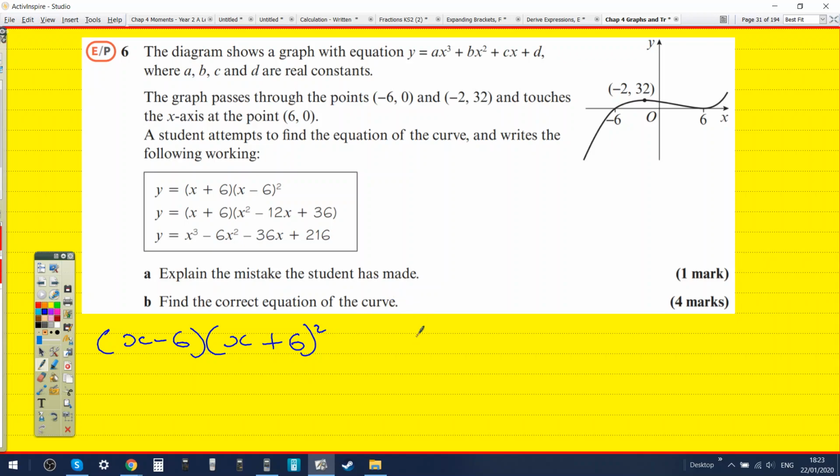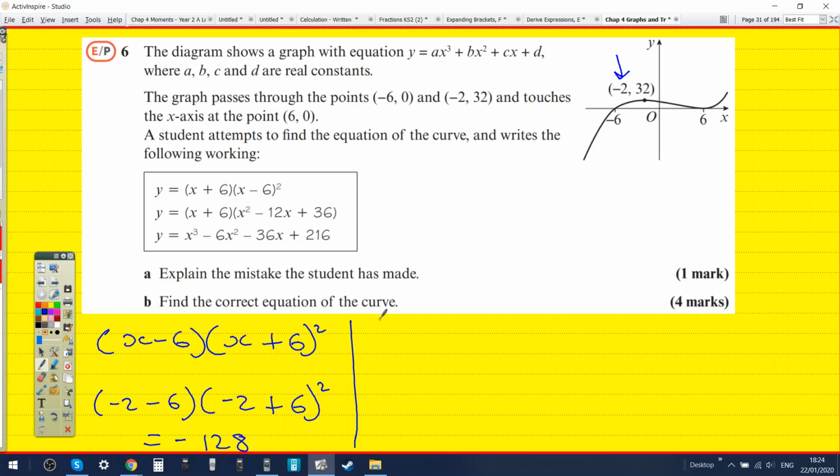And is that correct? If we put in -2, do we get 32? What do you mean put in -2? When x is -2. Oh, you get -128. We were supposed to get 32.